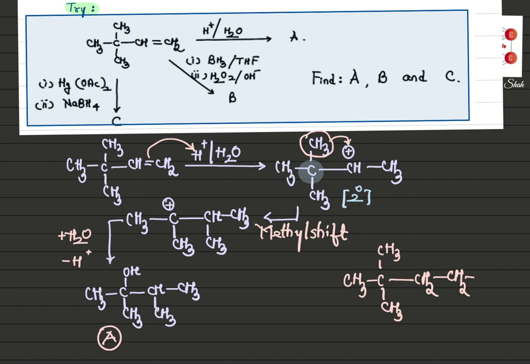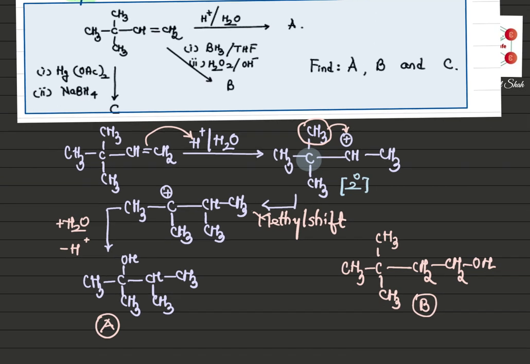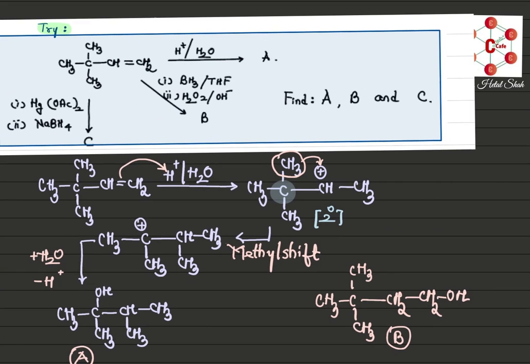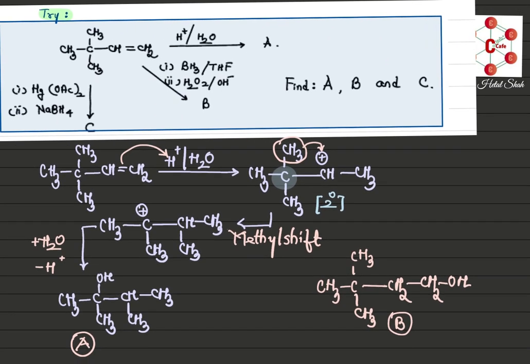This is going to be your B. And what is going to be your C? What is it? Markovnikov without rearrangement. Okay, that's correct.